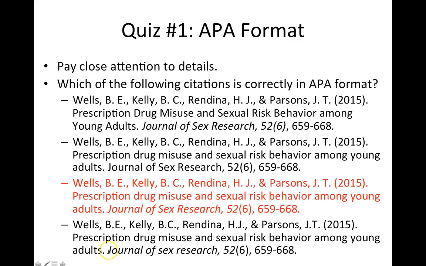The case is correct in the title, but in the journal title, the first letter of all the primary words should be capitalized. So you won't capitalize "of" here, but you would capitalize "Journal," "Sex," and "Research." Otherwise this is correct. We have an italicized volume number and a non-italicized issue number.